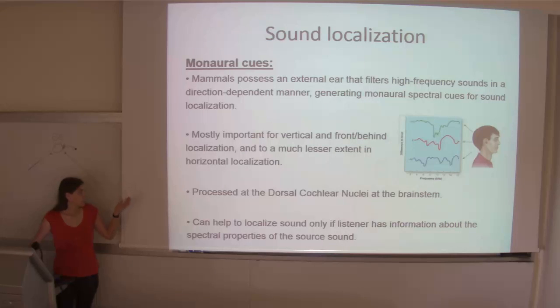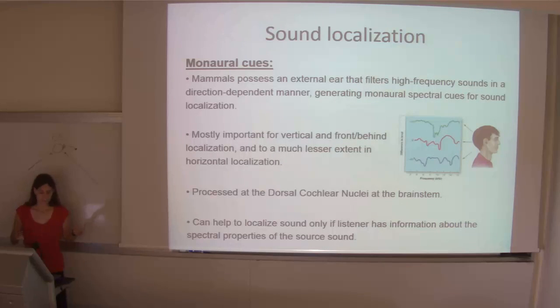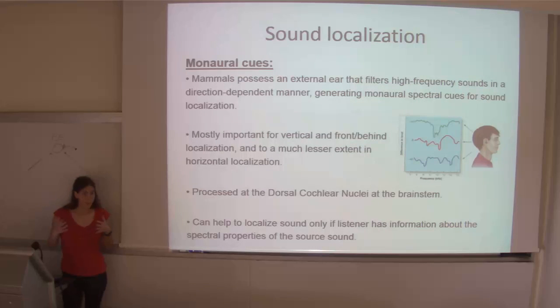And those cues can actually help to localize sounds only in higher frequencies and only if we have some prior knowledge about the spectral properties of the sound which we are hearing. Otherwise, we have no way to know what is the gain from the monaural cues from the ear and what is the source stimuli itself.